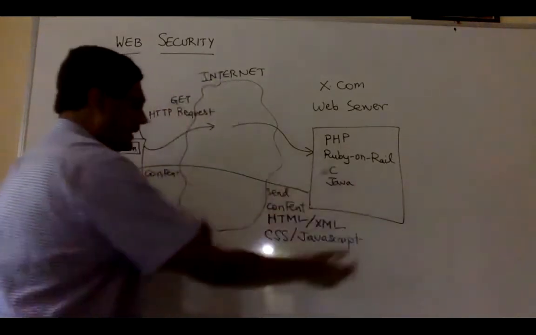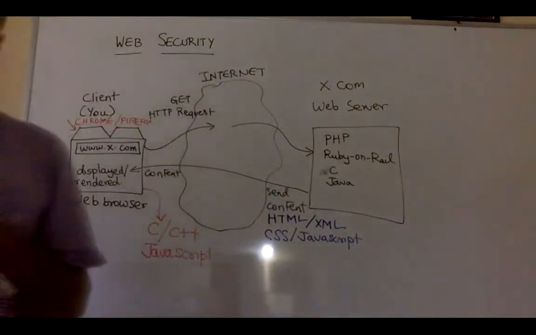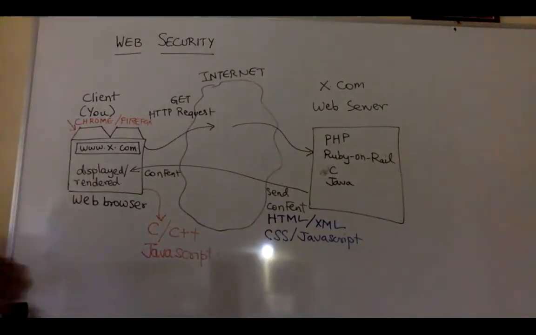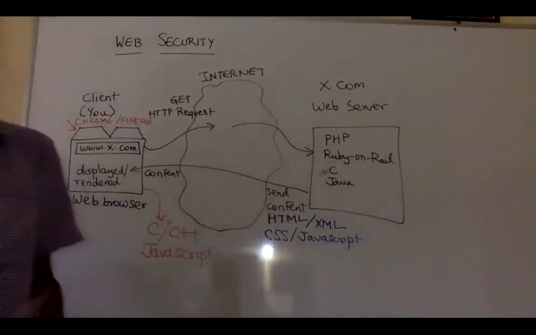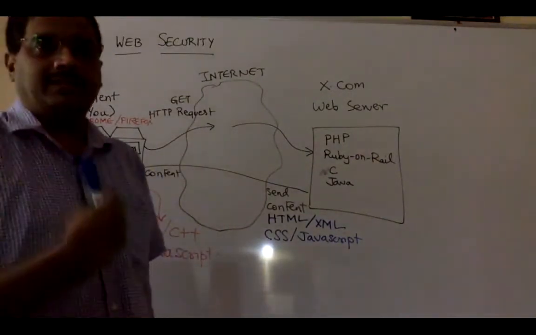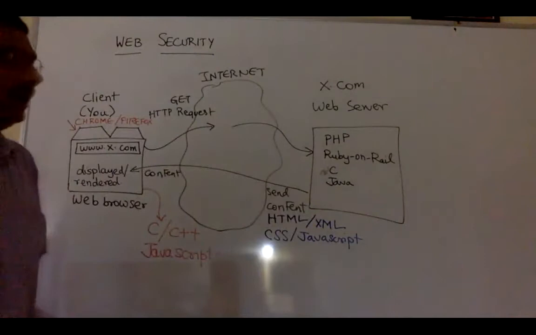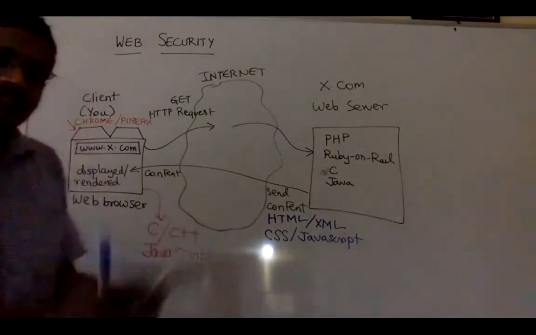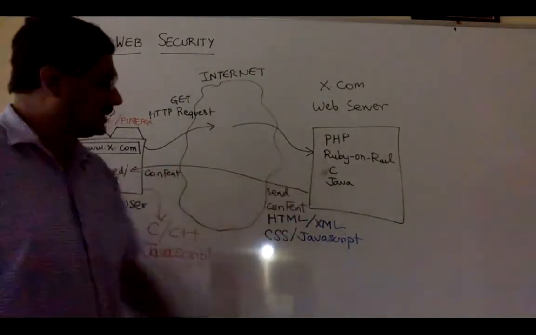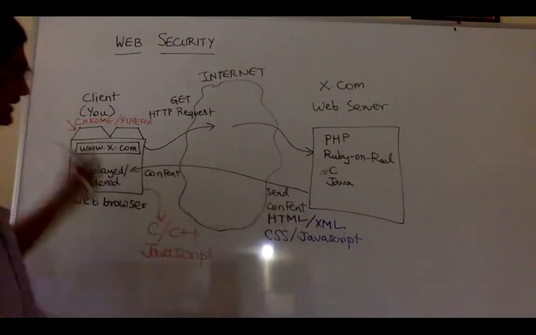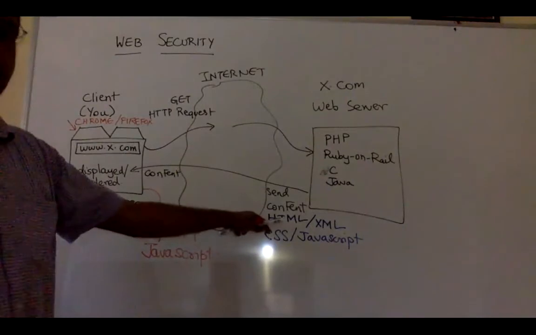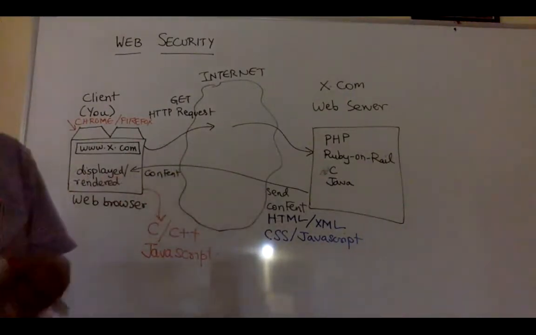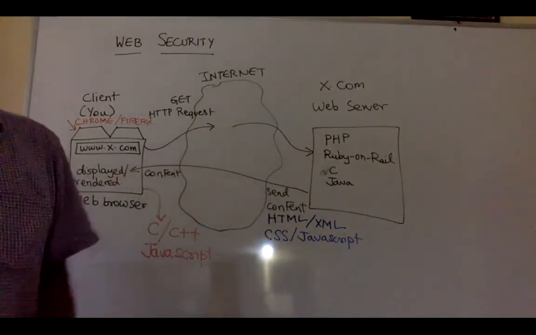So a combination of some such content is either statically obtained from the web server, in the sense that it resides on the web server and the web server just serves that content, or it could be dynamically generated by this web server, and the whole content is sent back to the web browser where the HTML markup language instructs the web browser on how to render the content.